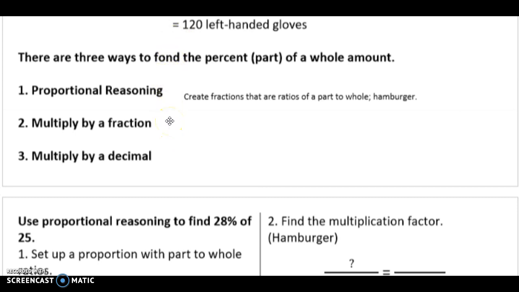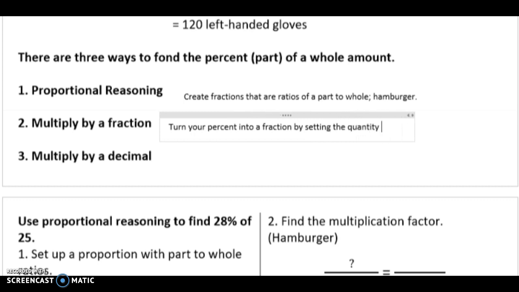If you want to multiply by a fraction, turn your percent to a fraction by setting the quantity over 100 and multiply by the whole amount to find the part.